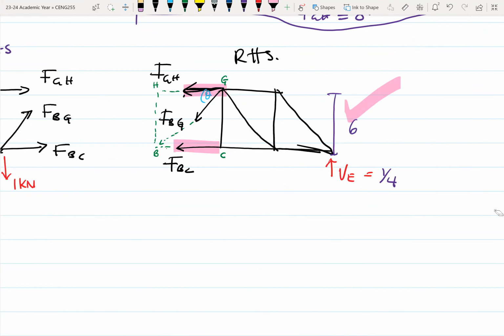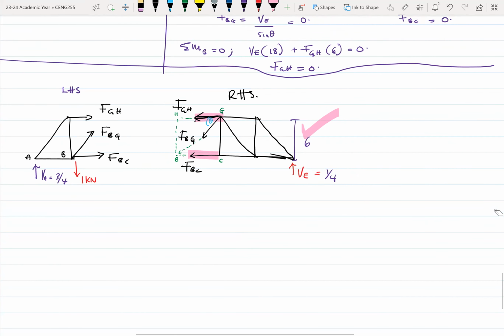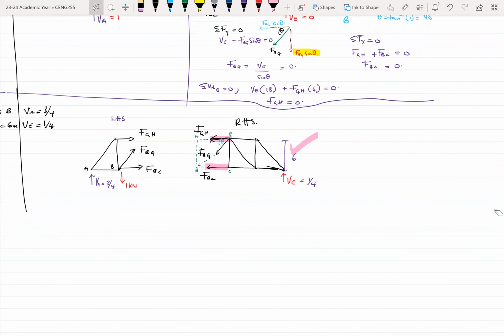Again, you see that patterns are being formed. If you sum vertical forces, the summation of vertical forces equals 0. So you have again VE minus FBG sine theta equals 0. Nothing is changing. That is the same equation I'll end up using anyways.